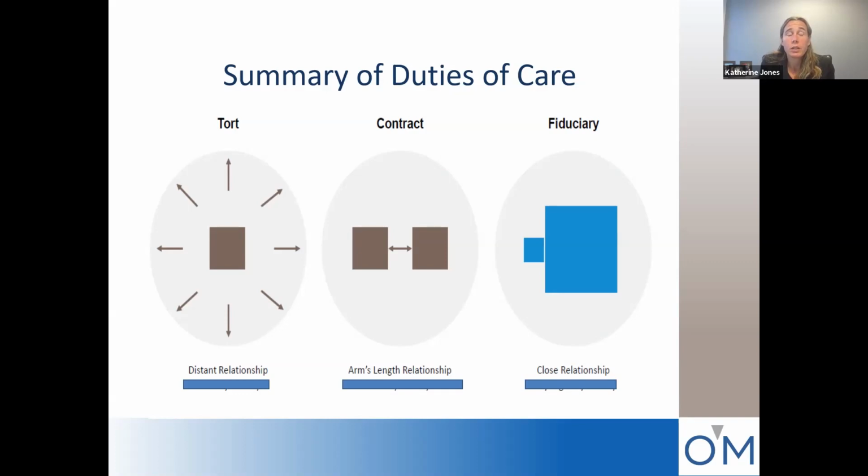Then off on the left, we have the tort relationship, and this is a distant relationship. You are the engineering entity, and you have this tort duty that goes out to a bunch of people that are foreseeable to you, that are just milling around in the world. They're the landowner if you don't moor your boat, but not the woman at the end of the railroad tracks.